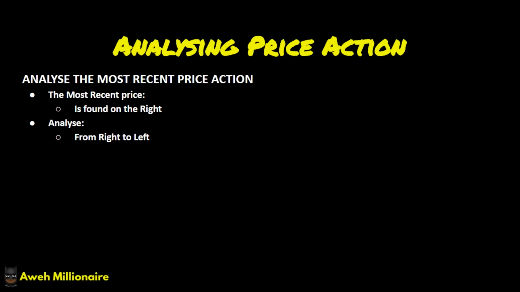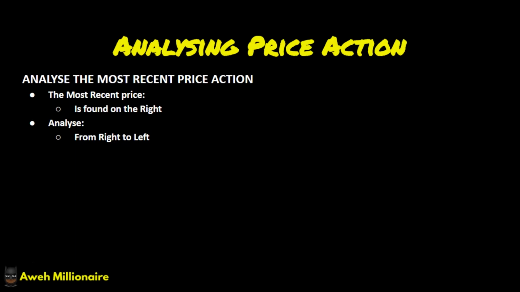Now, in terms of analyzing price action, like I said, if price moves from left to right, then it is obvious that the most recent price is found on the right-hand side of the price chart.